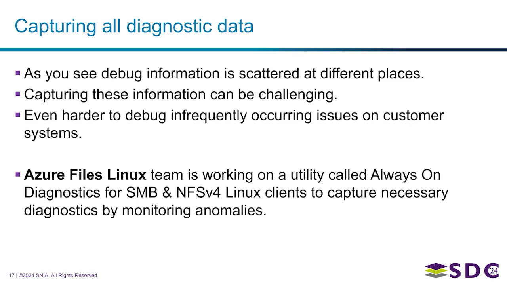As you see, I've explained different ways of capturing debug data at different levels or different structures. So it's very hard to capture all the debug information. So our team is working on a utility called Always On Diagnostics, which captures all the necessary diagnostics at once and basically keeps it at one place so that whenever we want, we can get the data from the customer.